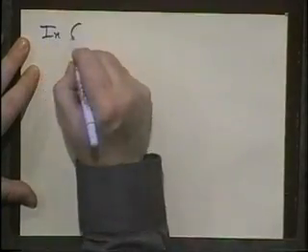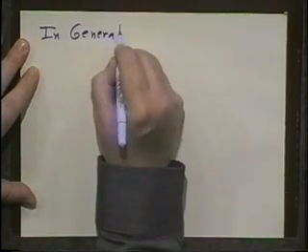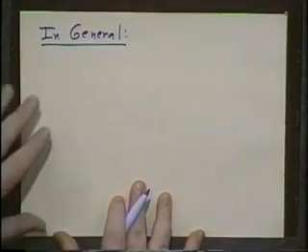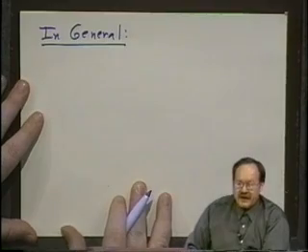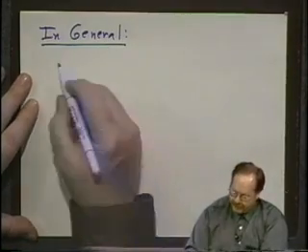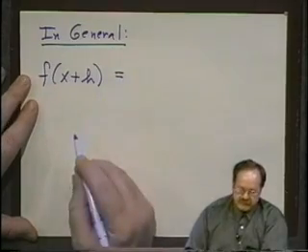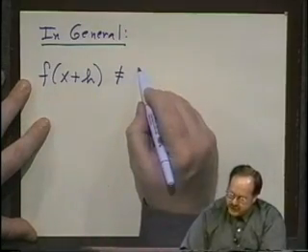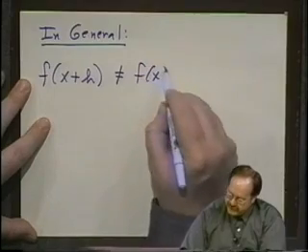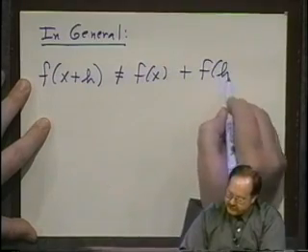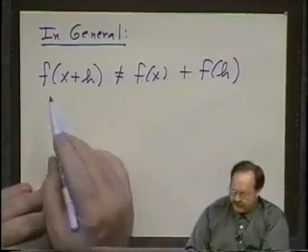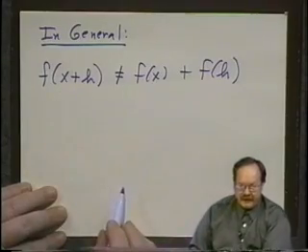In general, do not draw conclusions about this functional notation until you have actually proven it. In general, if you take f of x plus h, that's not going to be equal to f of x plus f of h. In general, the functional notation does not split up like that.